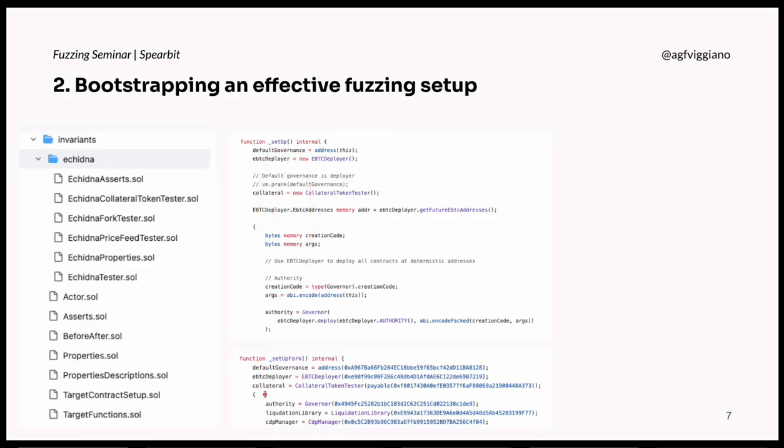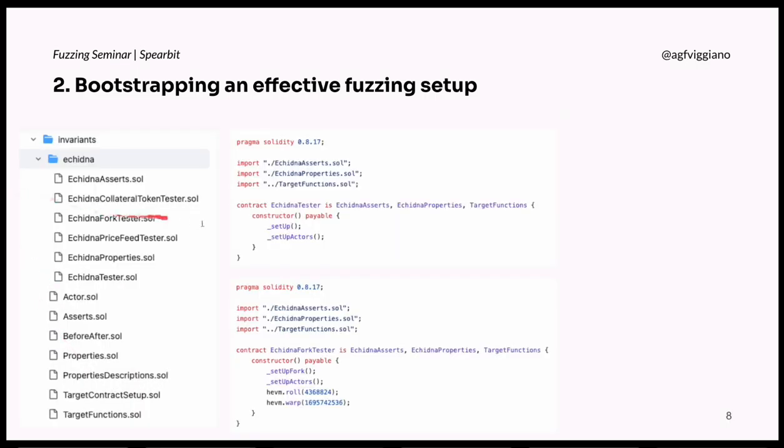And we also have some fork setup functions where we just copy paste the contract addresses on mainnet or on testnet that we use to do some fork tests. Later we can just extend these setup functions and create different target contracts that will be the subject of our fuzzer.